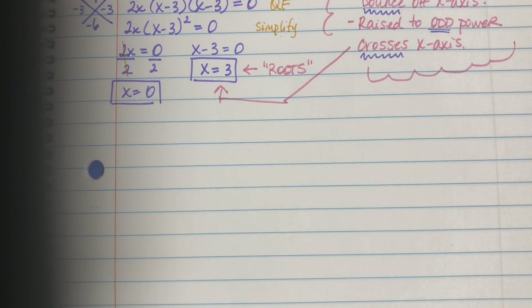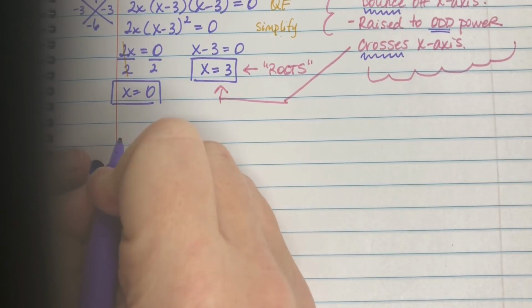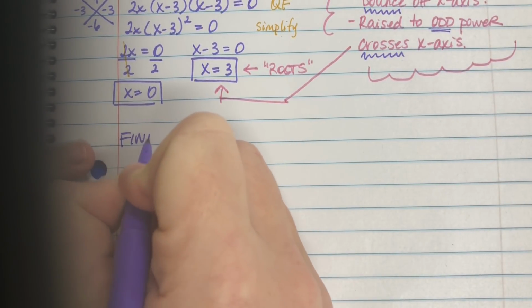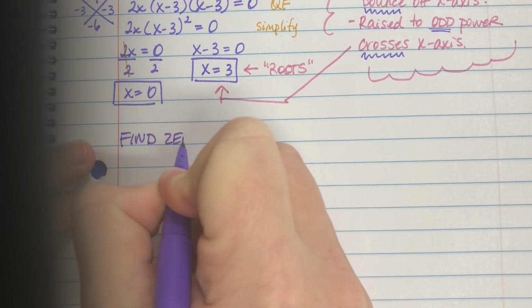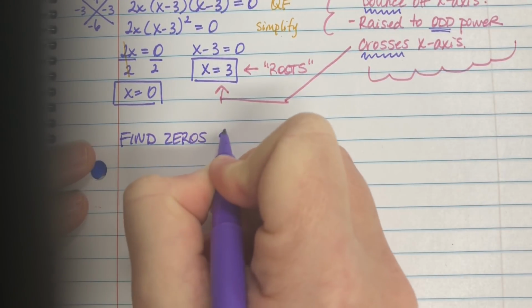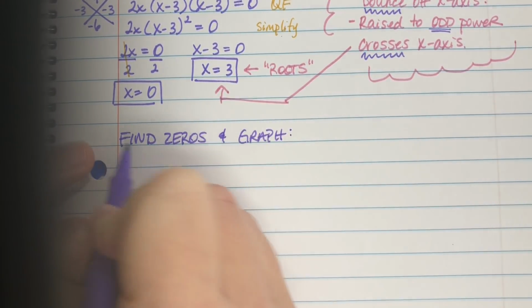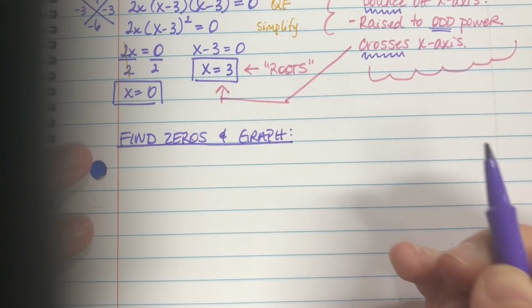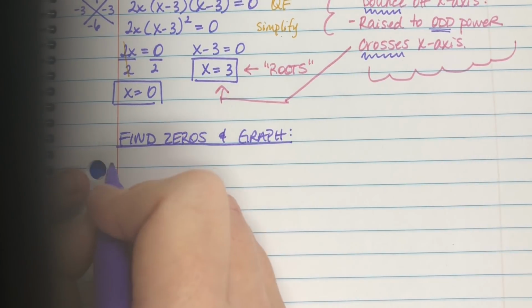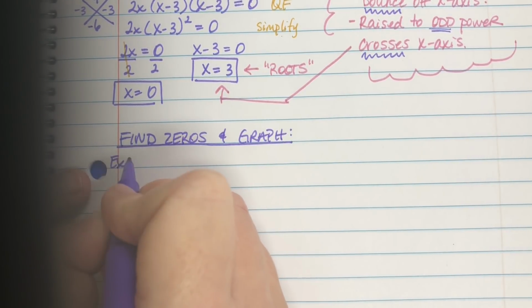All right, so now that I'm talking about graphing, we need to find the zeros and graph. Here's example 2.